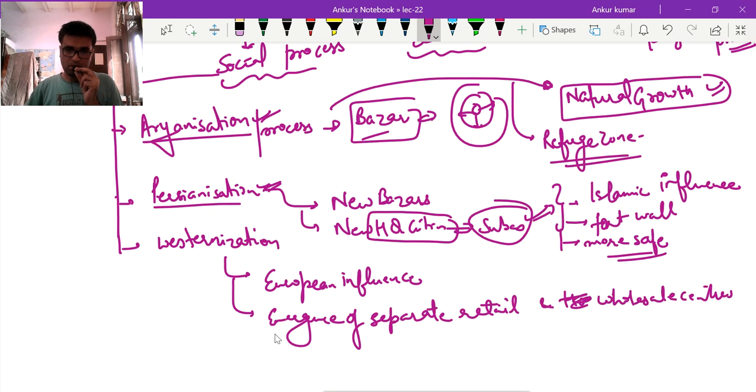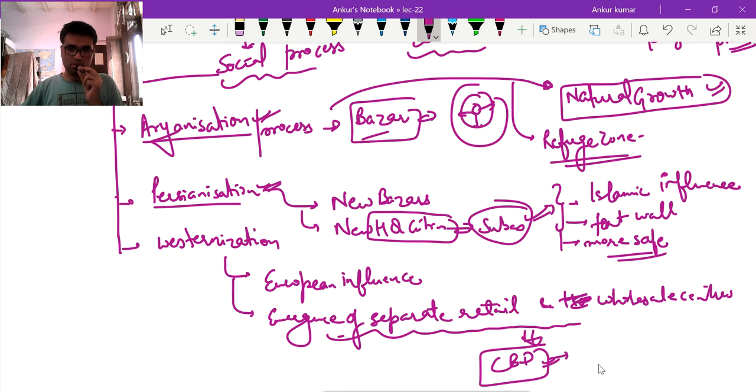This separation created the CBD type of model, the central business district, in Indian cities as well. So this type of model was again seen in Indian cities.